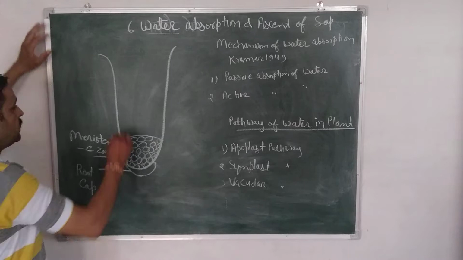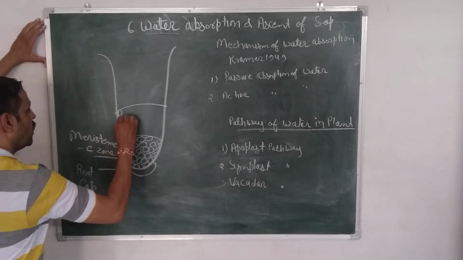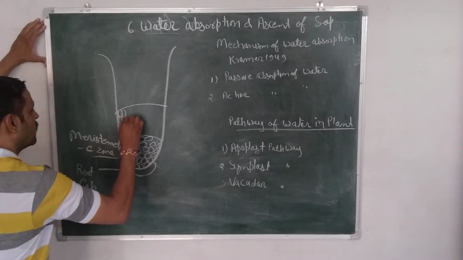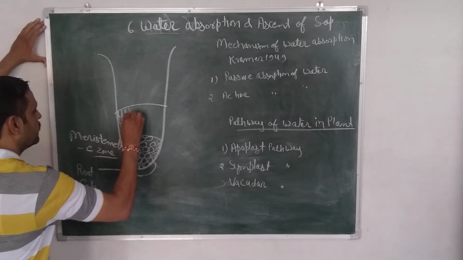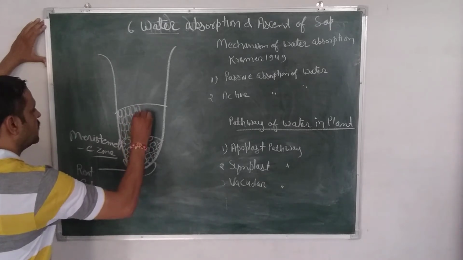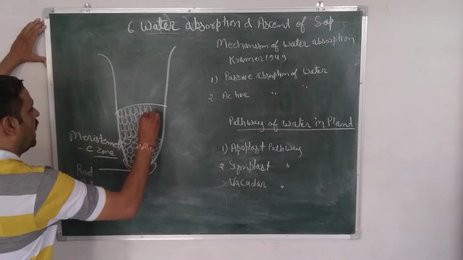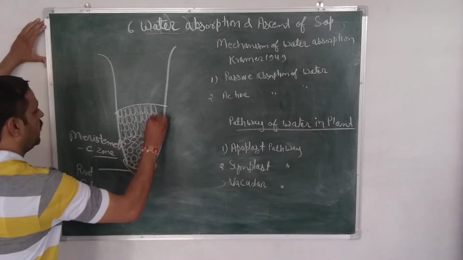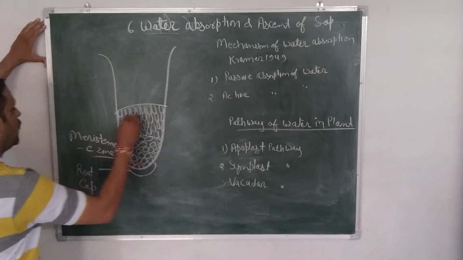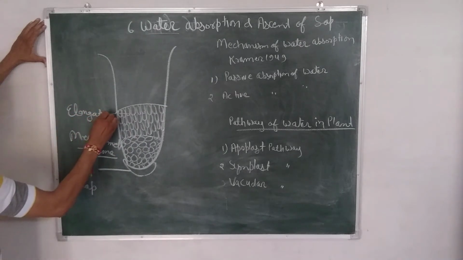Just below that area is the elongation zone, because here the cells increase in length, so they are elongated, and this zone is called the elongation zone.